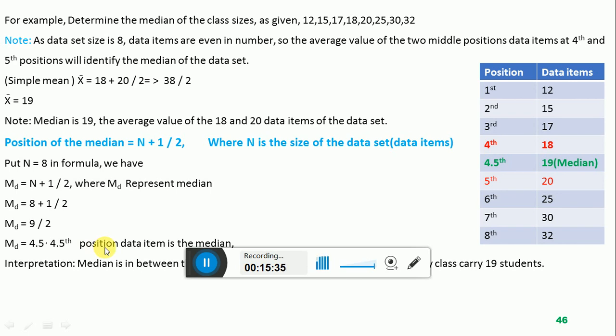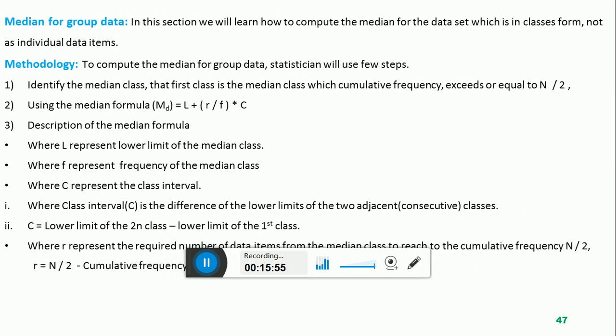Here the median is located. Interpretation: the median is in between the fourth and fifth position data items, and every class of the BBA department carries approximately 19 students. So this is all about how to identify the median for the given data set.